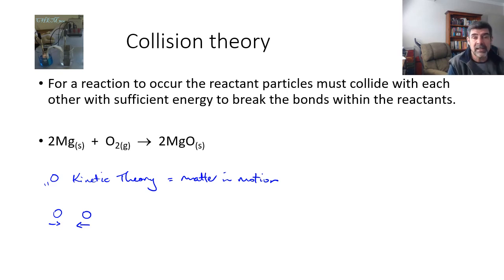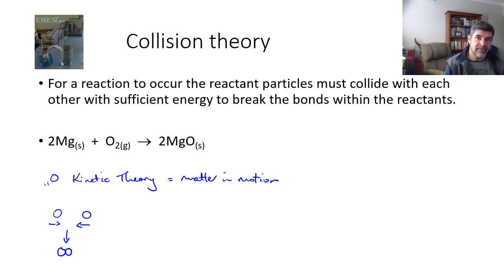So for any reaction to occur, the reactant particles must collide with each other with a sufficient amount of energy to break the bonds within the reactants. If the circumstances of this collision are just right, then we may find that the two collide, form a new bond, and therefore we have a new substance. And if we have a new substance, then we have a chemical change or a chemical reaction.